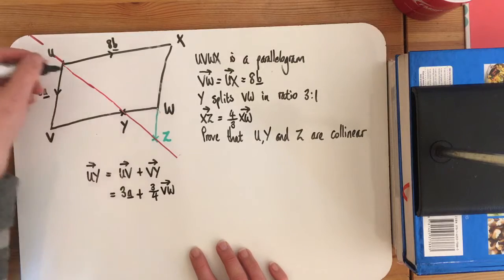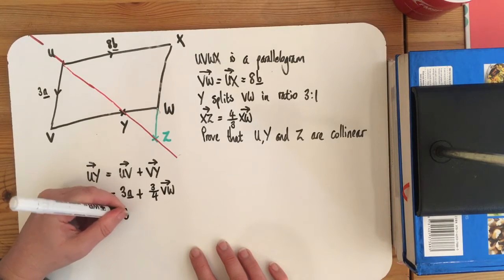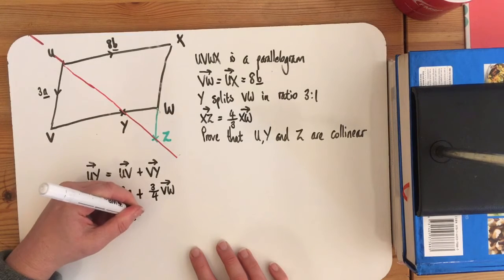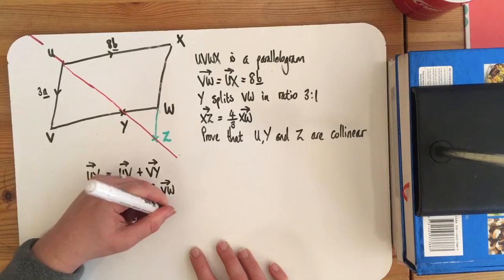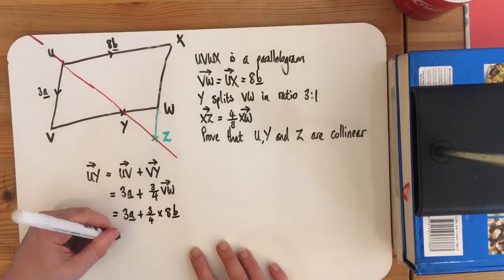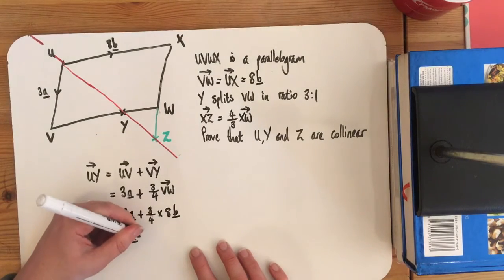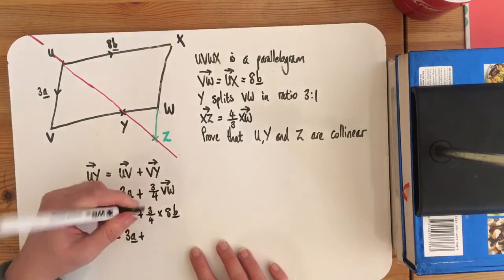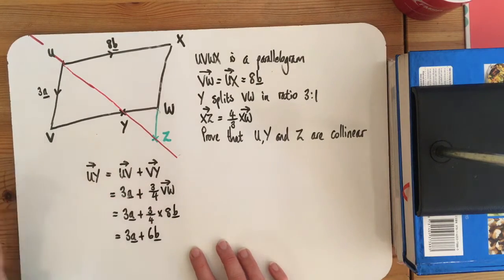We know that VW is 8b, because it's a parallelogram. And then we end up with UY is equal to 3a plus 8 over 4 is 2, times 3 is 6b.